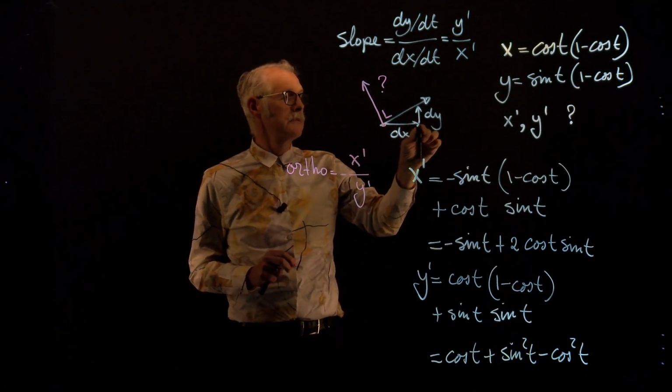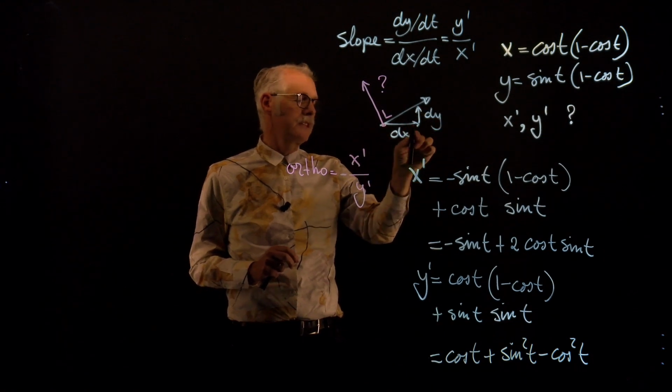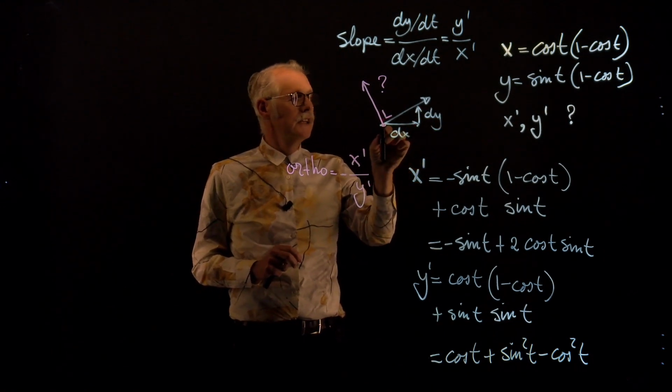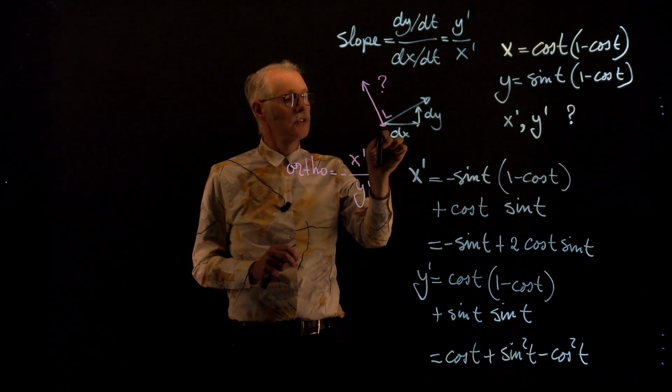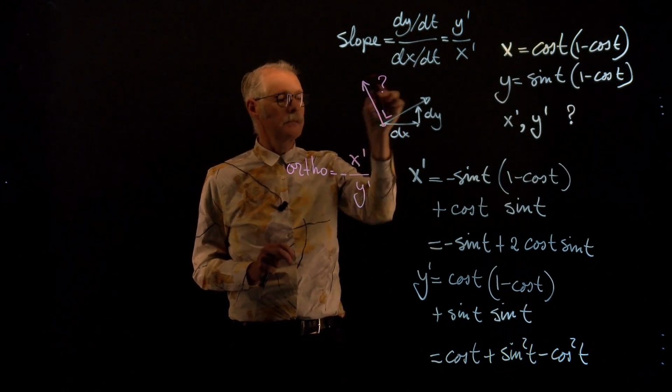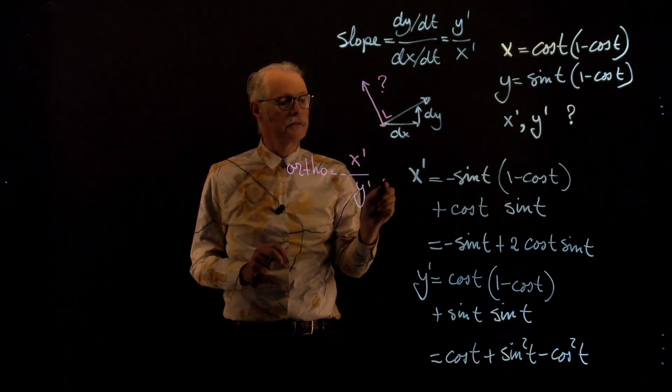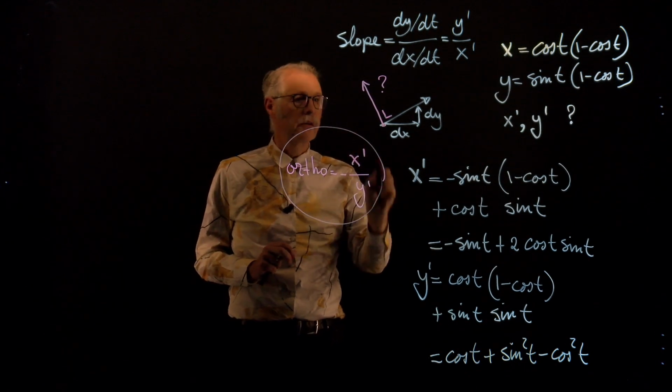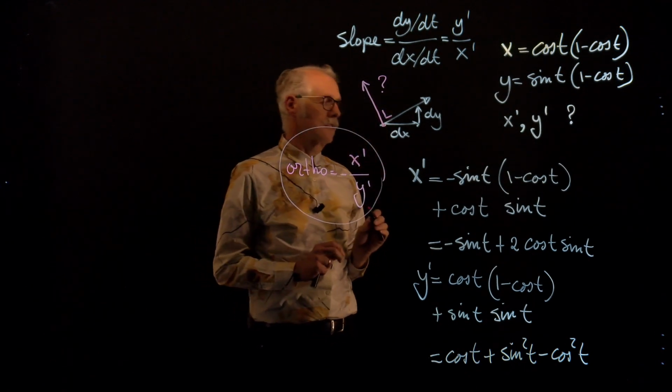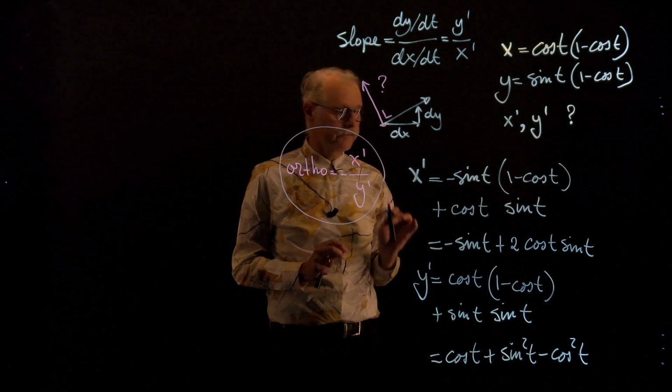So what you see here, it makes a small step upward and a big step to the right. Here it's the opposite. It makes a small step to the left and a big step upward. So that makes this formula plausible, and now I also know the direction of this orthogonal line.